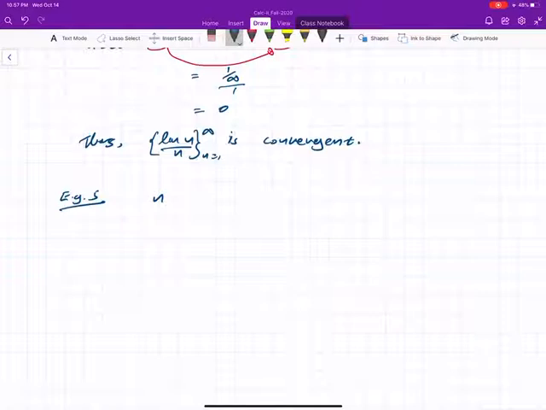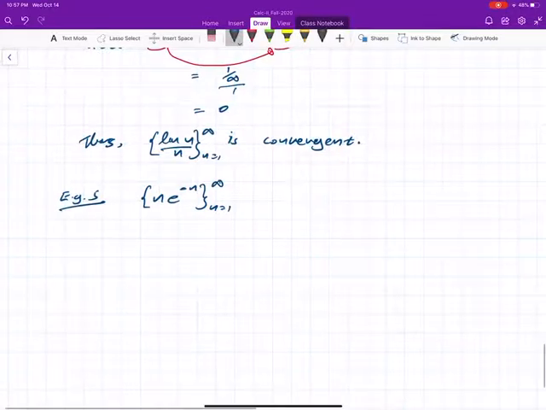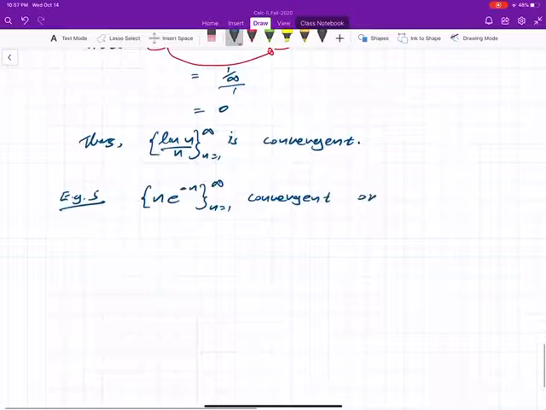The next example is this: n times e to the power negative n, n goes from 1 to infinity. You have to find whether this is convergent or divergent.